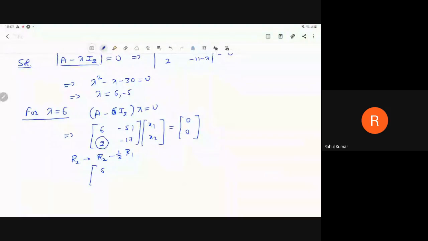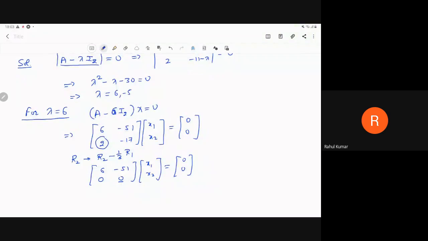You get 6, minus 51 as it is, 0, 0. So as expected, you will get infinitely many solutions. That's why one row is coming out 0. If you are getting something non-zero here, it means something is wrong in your calculations. When you are finding an eigenvector, at least one row should be 0.